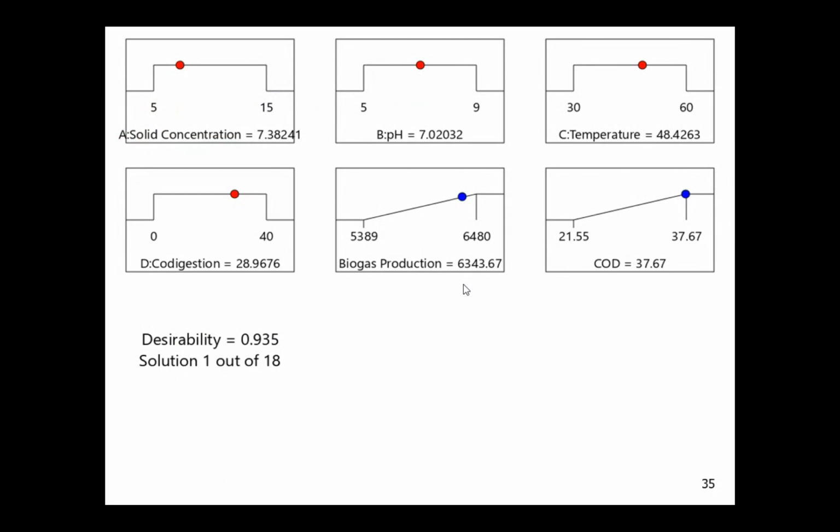So in this ramp plot, for example, take the solid concentration. Only the lower and the upper limit will be provided. The optimal condition obtained is 7.38, which is denoted by the red dot. The blue dot represents the output, whereas the red dot denotes the input optimal conditions.